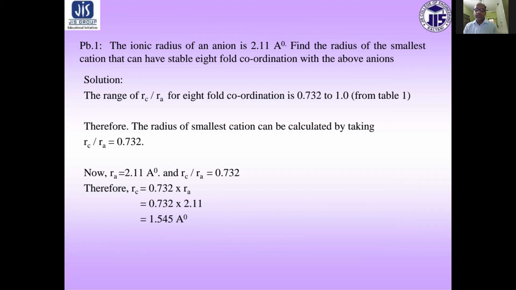Therefore, the radius of the smallest cation can be calculated by taking Rc by Ra equal to 0.732. Now Ra is equal to 2.11 Angstrom and Rc by Ra is equal to 0.732. Therefore, Rc is equal to 1.545 Angstrom.